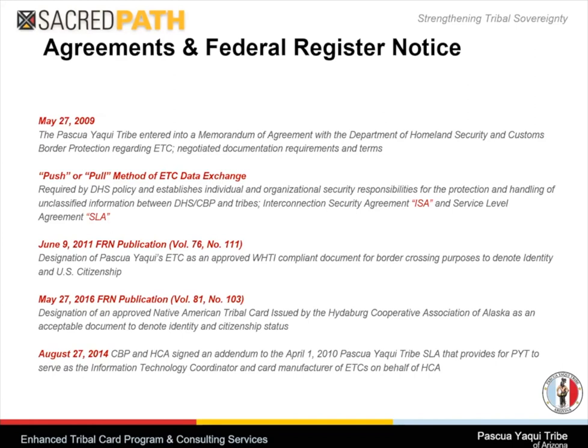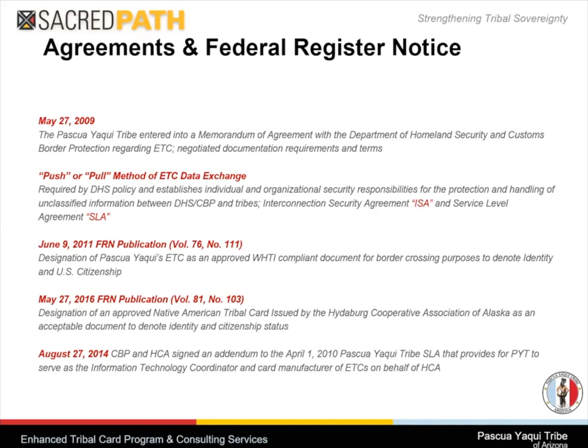Second, through a secured private network, a VPN, the produced card is sent to DHS CBP, and then that information is safely stored on a database in a string of 1s and 0s, and it's all encrypted at this point. After that, DHS will then send a receipt reply back to the tribe. And then when the card is being used to cross the border, that's when the card will be read using the RFID chip within.